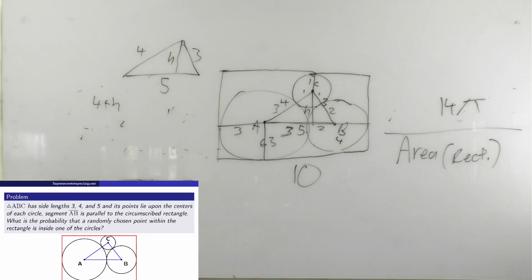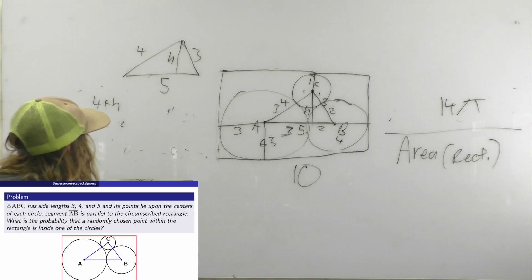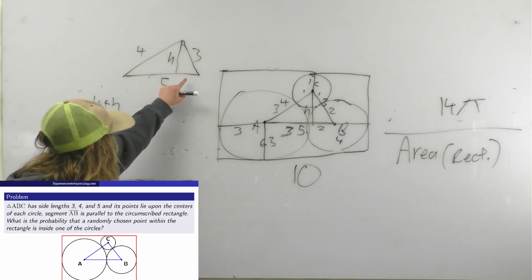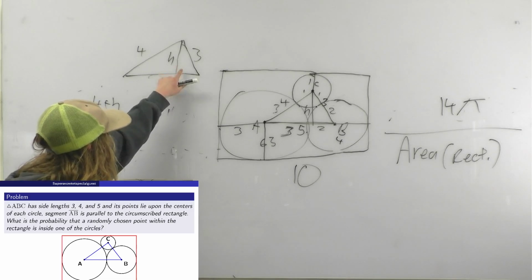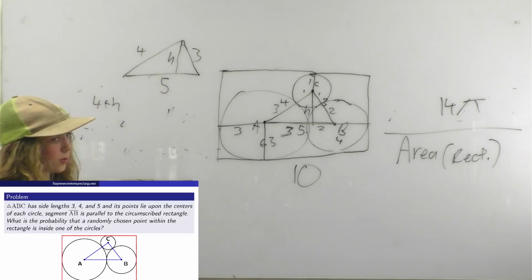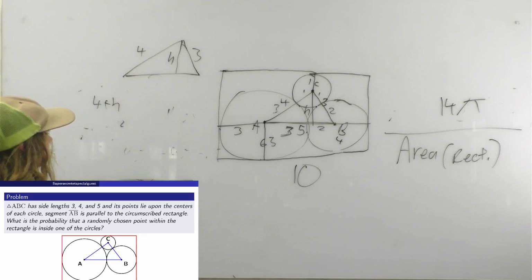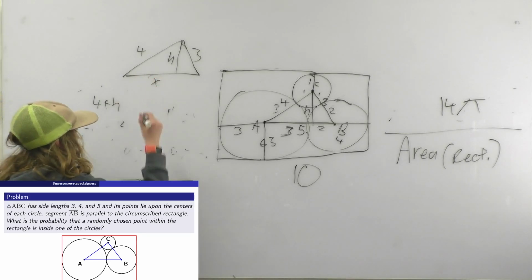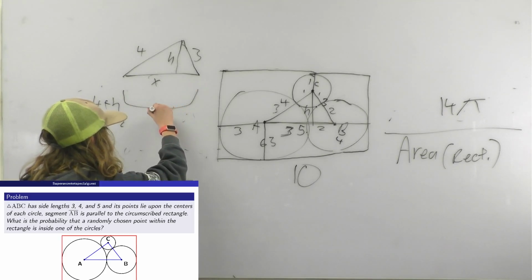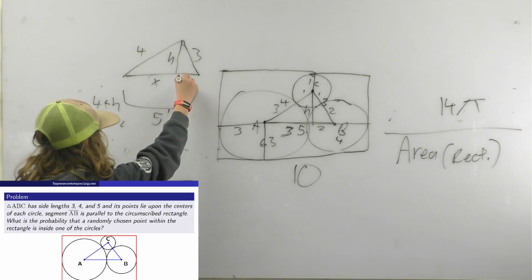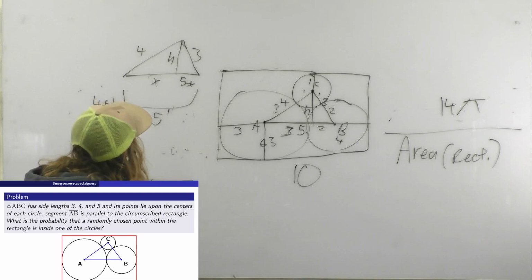So to find h, we're going to want to know, if we know this, then we can find that. But we can't figure out this or this, so we'll just name them. We'll call this x, and since this full thing is 5, this other part is going to be 5 minus x.